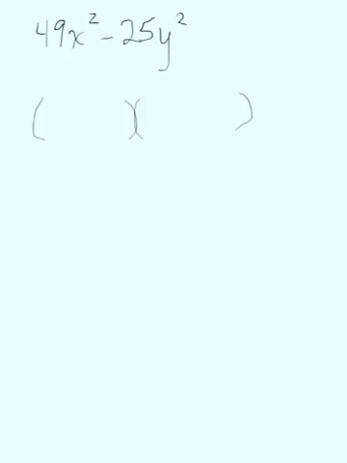We know they're separated by a plus and a minus. So if they're all perfect squares, we can use this method. What's the square root of 49? So that first part will be 7x for both of them. What's the square root of 25?